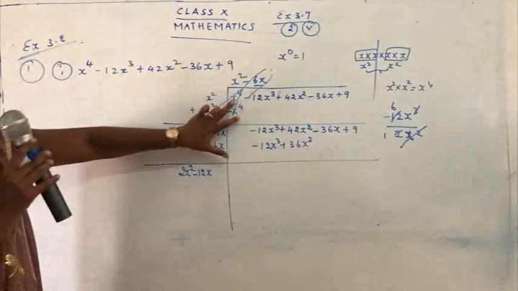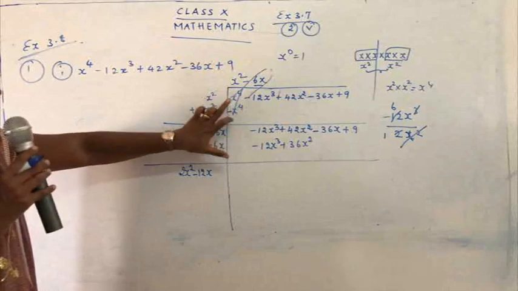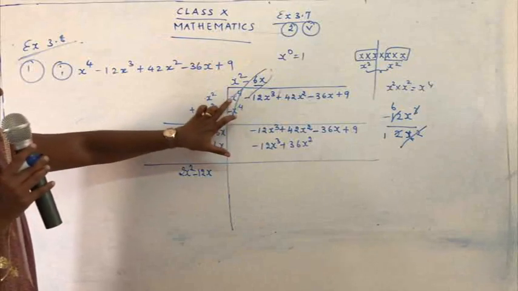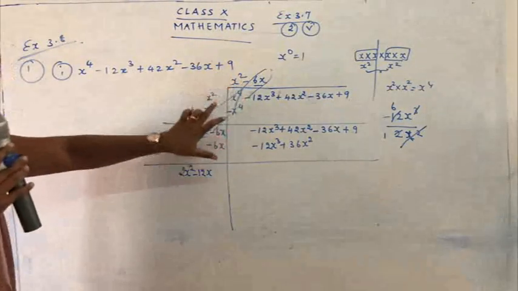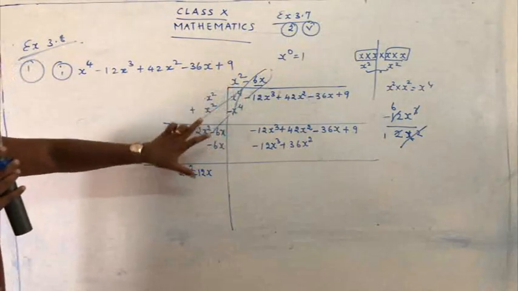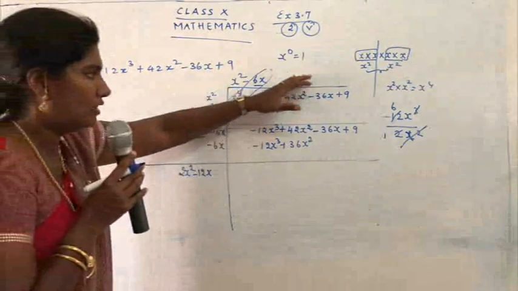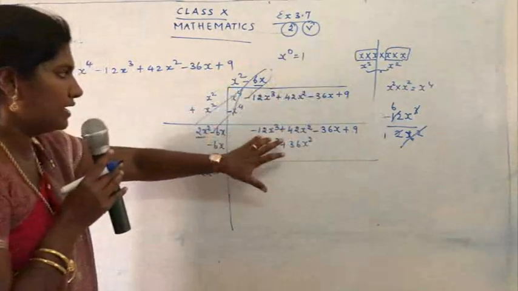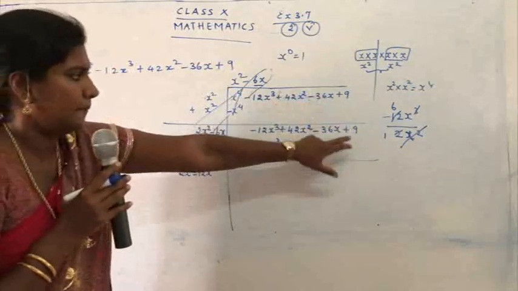So the first term was x raised to 4, so we took the square root of x raised to 4. What was the square root of x raised to 4? X square. So write x square on the quotient part, x square, x square. You add x square, you get 2x square. Then you have to take down all the left out part, that is minus 12x cube, 42x square, 36x and 9.